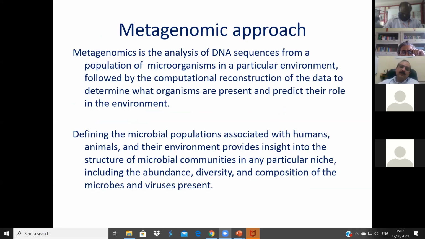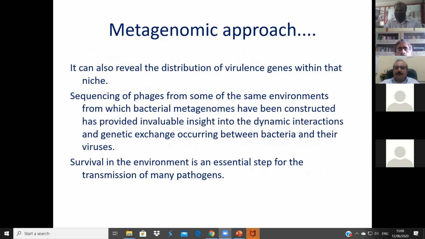Metagenomics, for us as medical microbiologists, was something that I had to teach those students, but today we will not talk about metagenomics. You already understand that metagenomic studies can tell us which organisms are lurking in the environment, and if the environment changes, whether those organisms can cause disease in human beings.